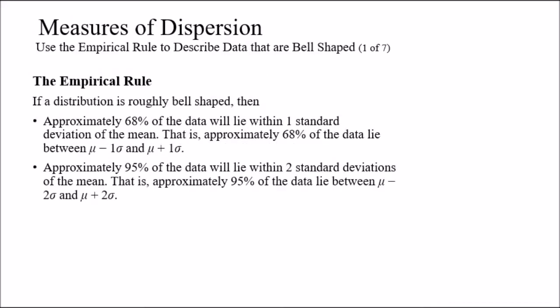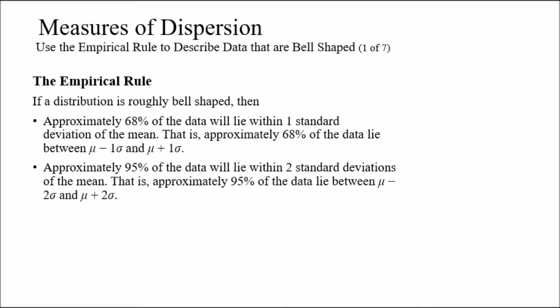Next, we are going to discuss how to use the empirical rule to describe data that are bell-shaped. The empirical rule states that if a distribution is roughly bell-shaped, then approximately 68% of the data will lie within one standard deviation of the mean. The next thing the empirical rule states is that approximately 95% of the data will lie within 2 standard deviations of the mean.